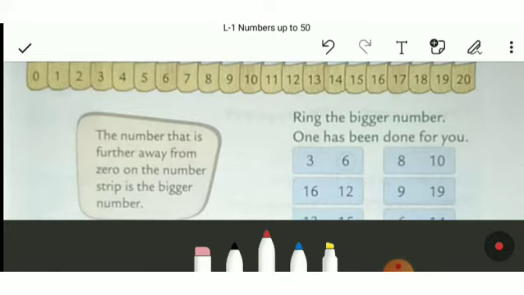Now when we do counting 3, 4, 5, 6, 3 comes first, and then in the next counting there is a 6. So the number which comes next in counting is the bigger one. So we have to circle 6 here. 6 is the bigger one. This way you have to complete the remaining ones.